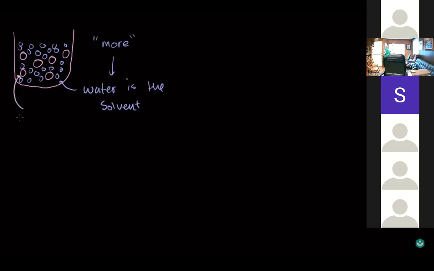This is the solute. So the sugar doesn't have to be sugar. It could be any molecule that there's less of than the water in this case. Sugar is the solute, and we say that the sugar has been dissolved into the water.